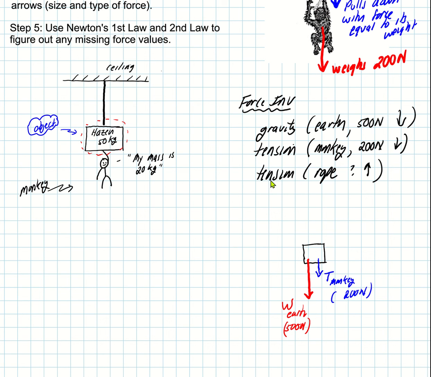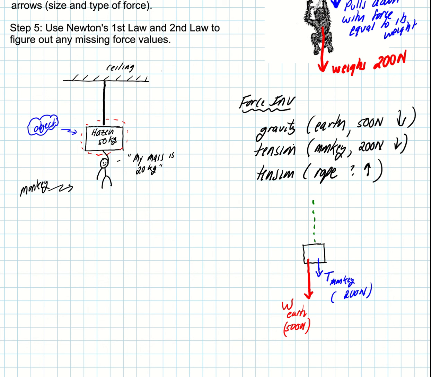But I think maybe you're starting to see that we do know the tension force in the rope, or we certainly will soon. I know that the rope is pulling up on the box. Don't confuse it. The rope is also pulling down on the ceiling, but what is the rope doing to our object? It's pulling it up. How much force do I need?